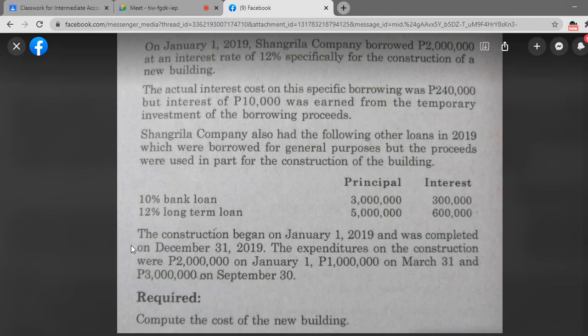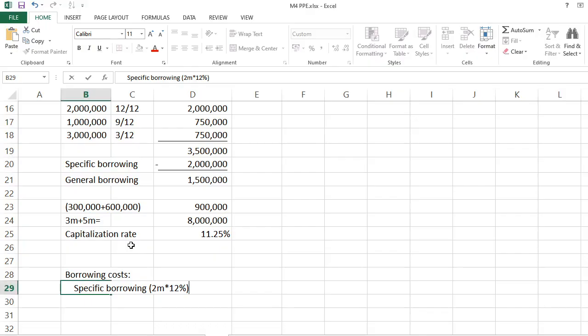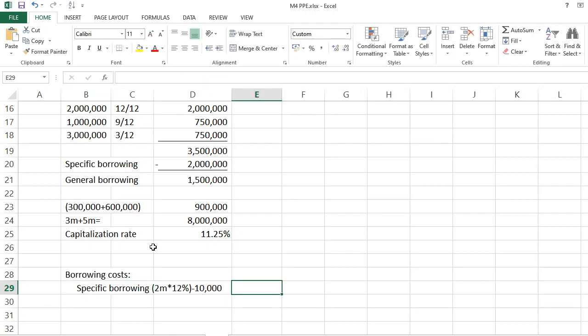We also earned an interest income of 10,000 from our temporary investment. So, our net cost is actually 230,000.